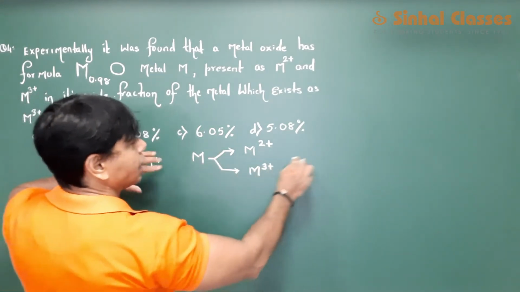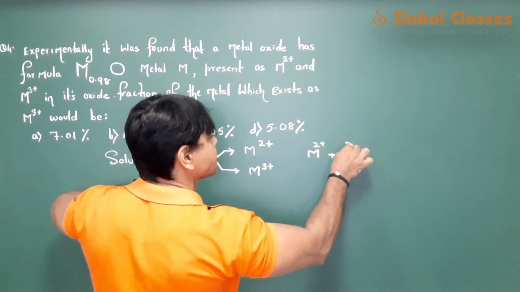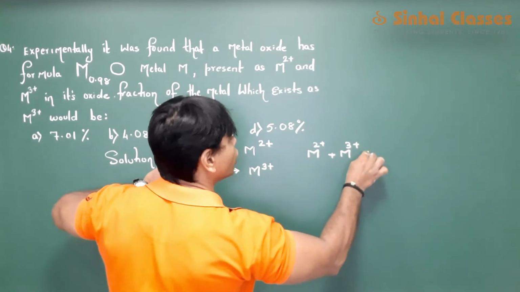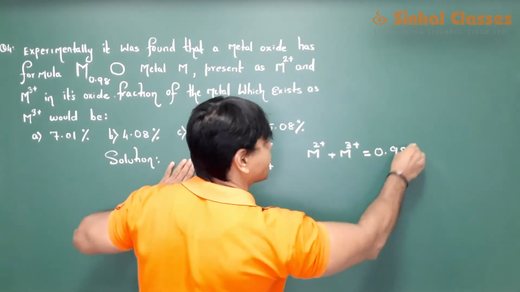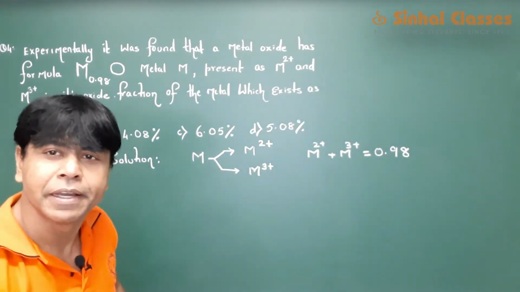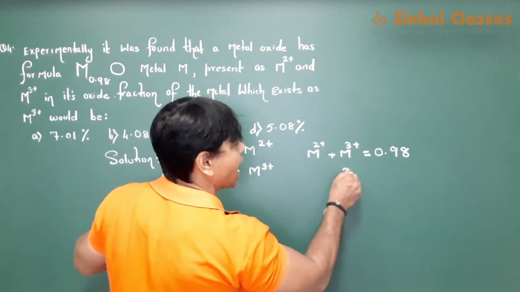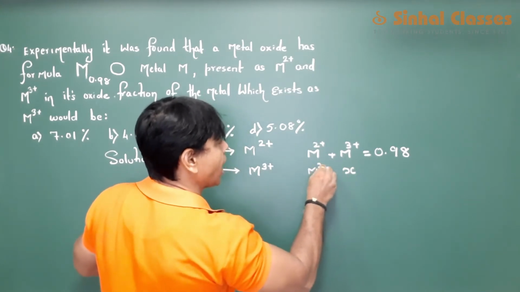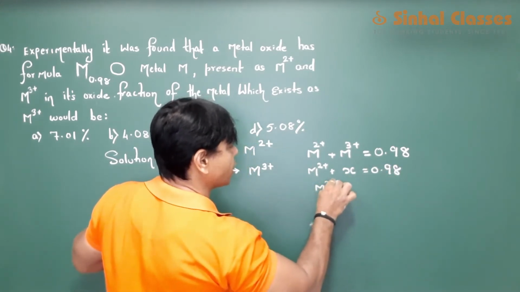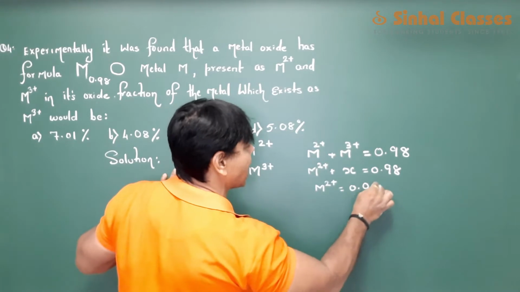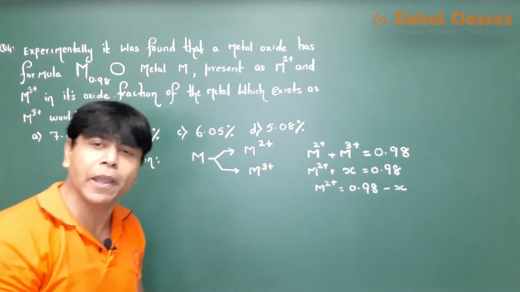Now, they say that M2+ plus M3+ total is equal to 0.98. Both metal ions together give you 0.98, and we are supposed to find M3+. So let this M3+ be X. So M2+ will be 0.98 minus X. Okay.